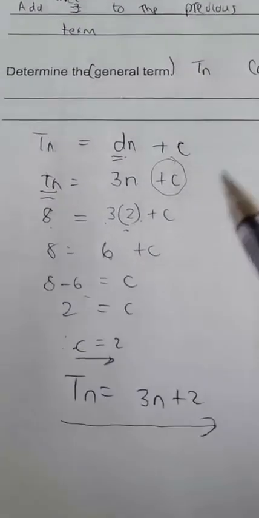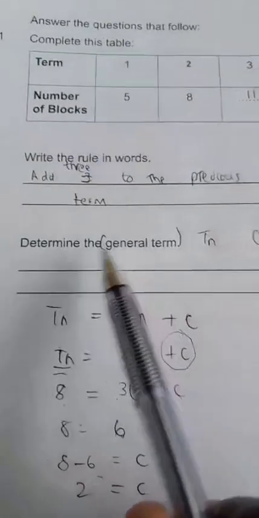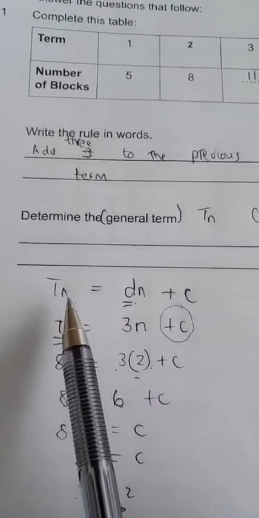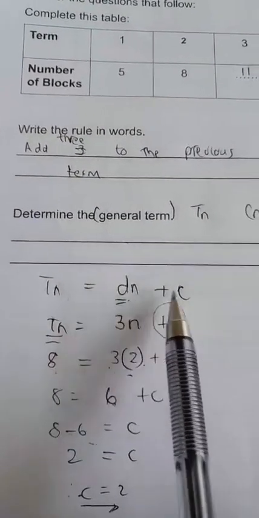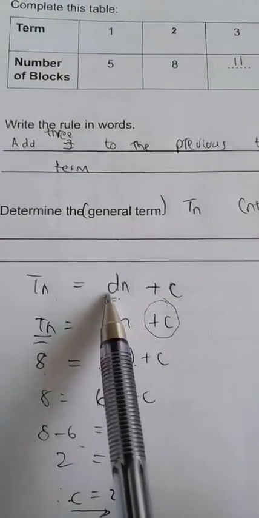So what we can do, and I'm going to repeat this, when we want the general term, it just means we want to find Tn, or the nth term. So in other words, for a linear sequence, Tn is equal to Dn plus C. D is our constant difference. How do we calculate it?